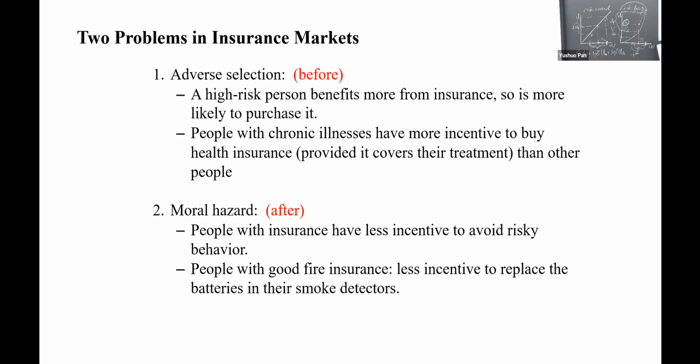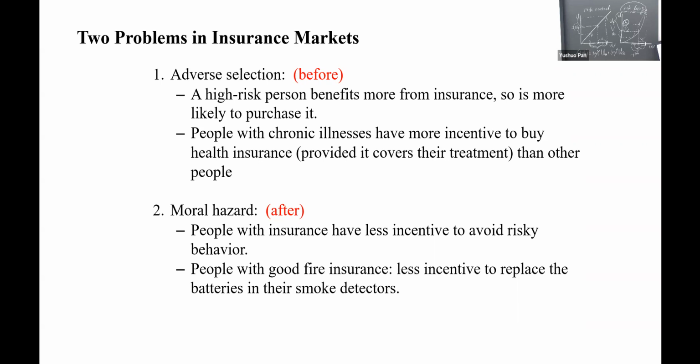My way to distinguish these two terms is that adverse selection is usually before you buy the insurance. Before you buy, if you think it's risky for you, that's a high risk for you, of course I'm willing to buy it. If you think I'm not risky, then I'm not going to buy it.